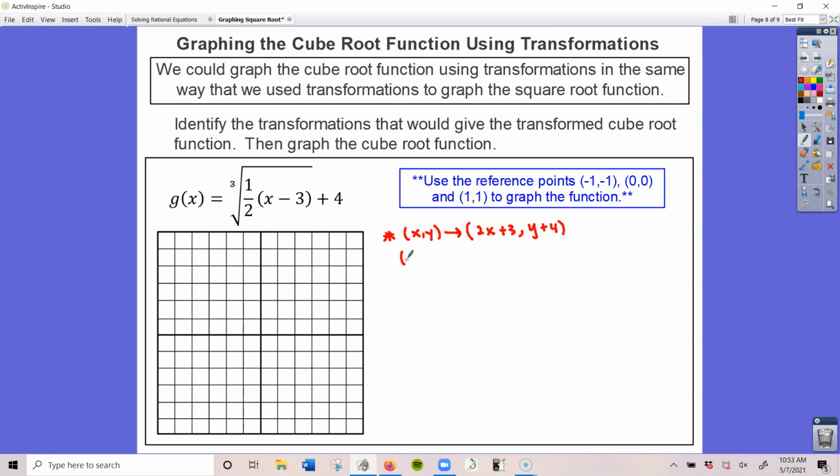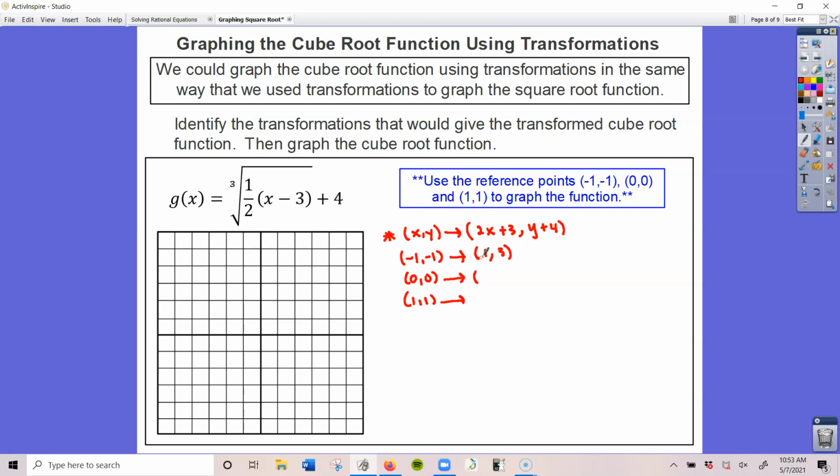So now we use those reference points and we plug them in. When I plug in negative 1, negative 1, 2 times negative 1 is negative 2, plus 3 is 1. Negative 1 plus 4 is 3.